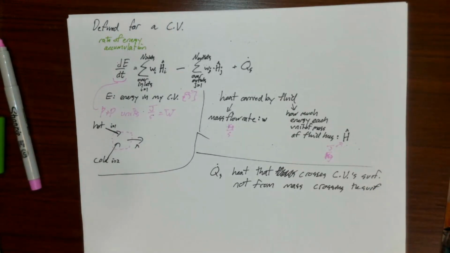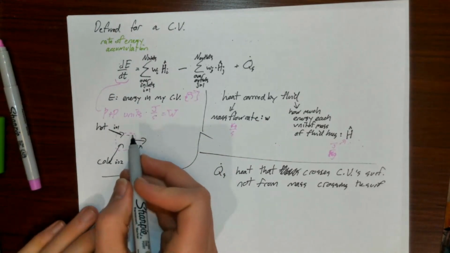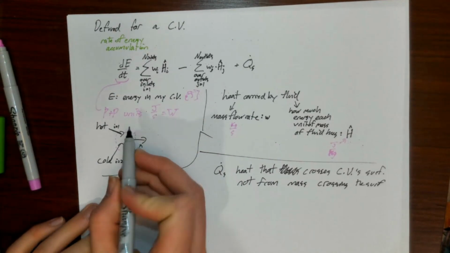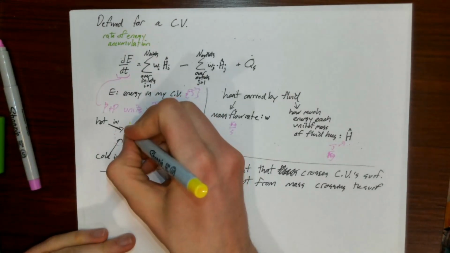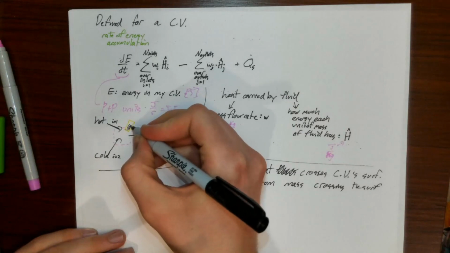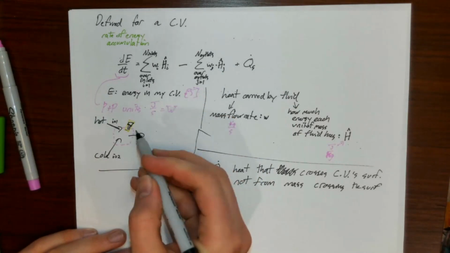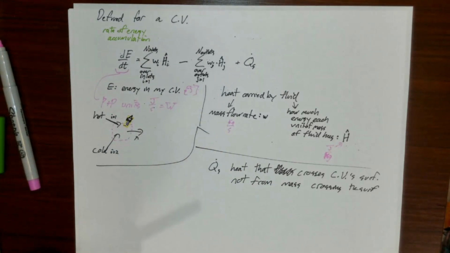That's not from mass crossing the surface, right? So let's say I have my control volume right here, and maybe I have a block of copper sticking through the surface right here. Well, I might have some heat exiting from that conductive copper, right?